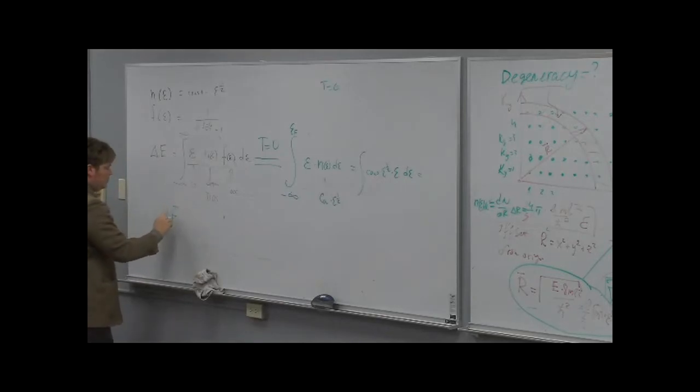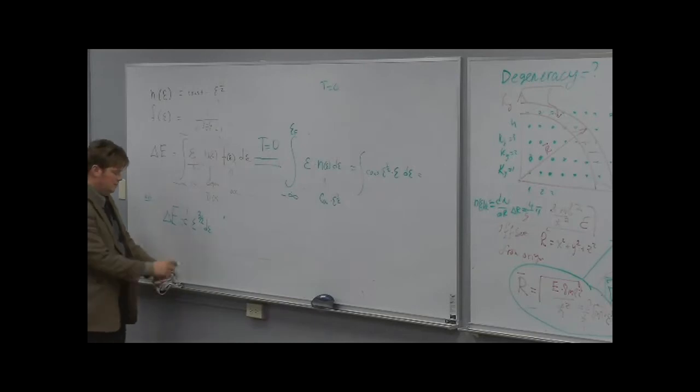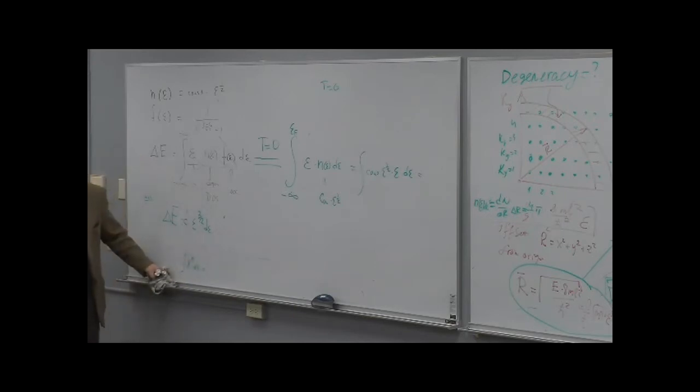So the energy of all electrons inside the box is a constant times the integral of E to the power 3/2 dE. What is the integration of a polynomial?